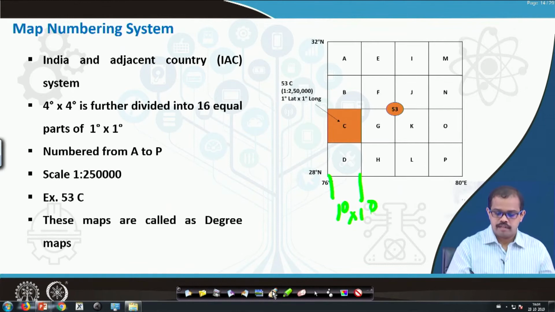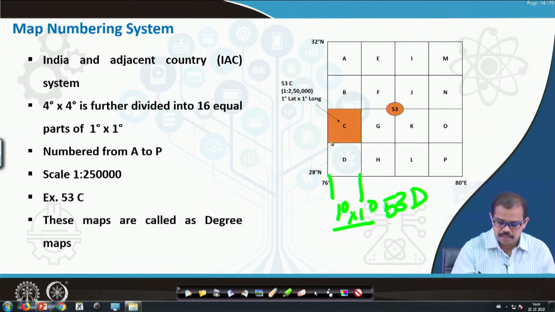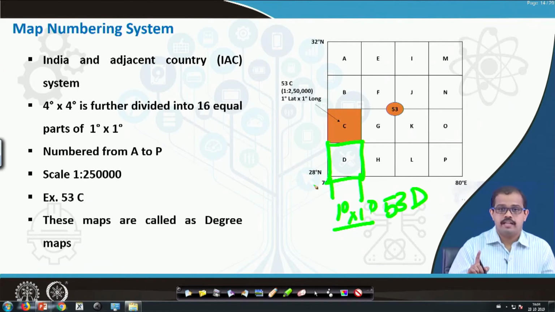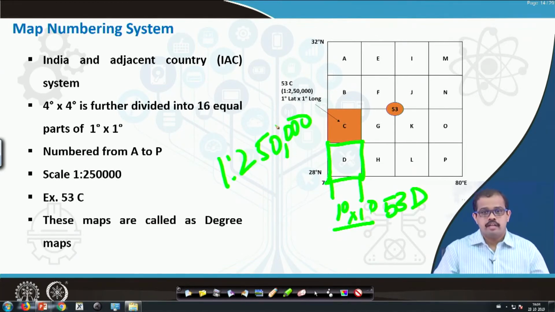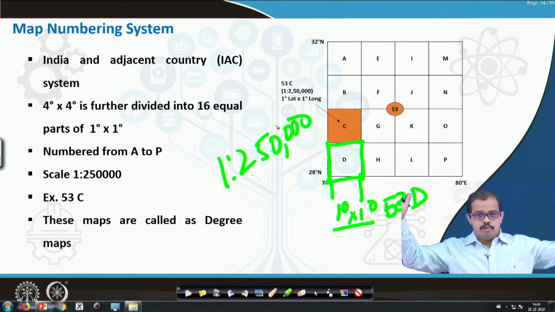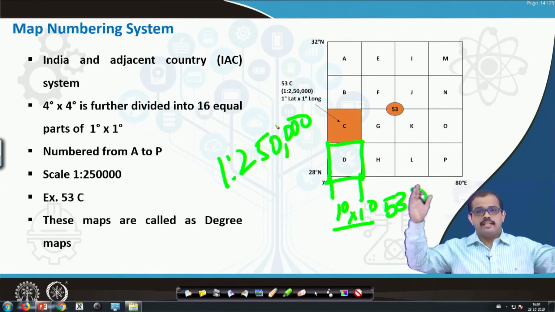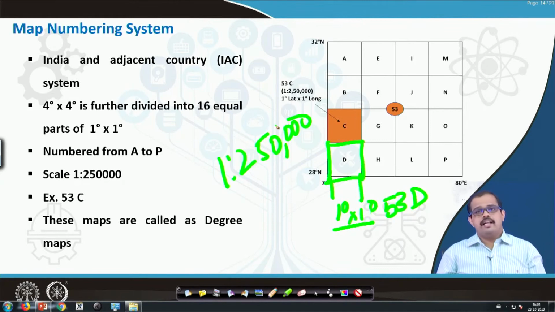So now if I say 53D, it is representing this particular map in 1 is to 1 million, and the scale of this map is 1 is to 250,000 scale. Okay, now we have a 4 degree by 4 degree map, that is representing 1 is to 1 million scale.